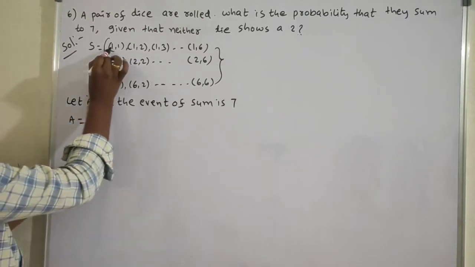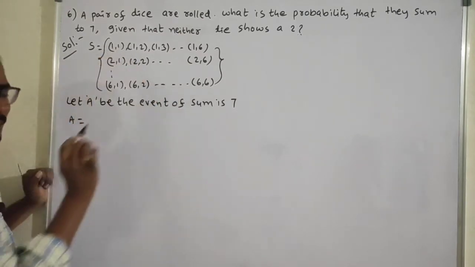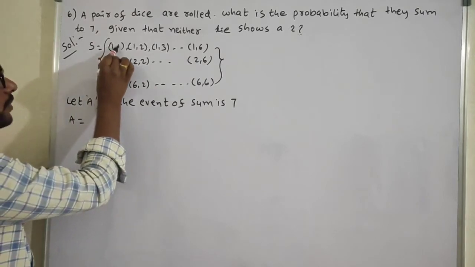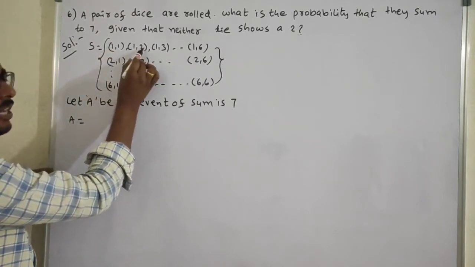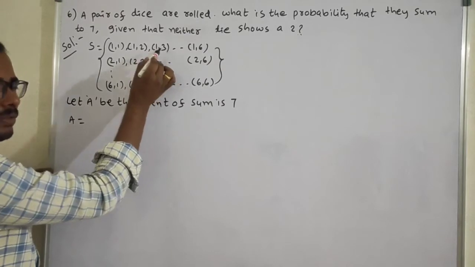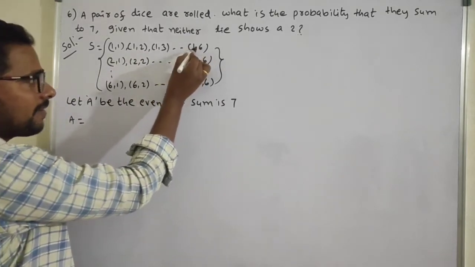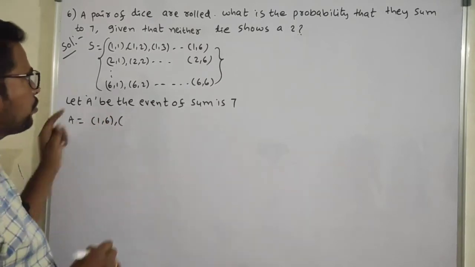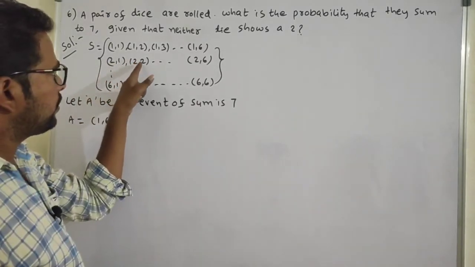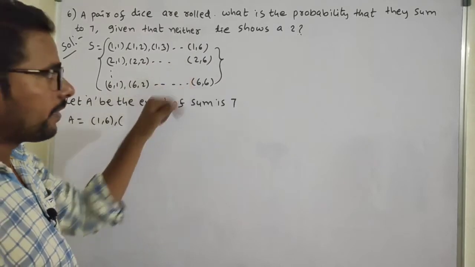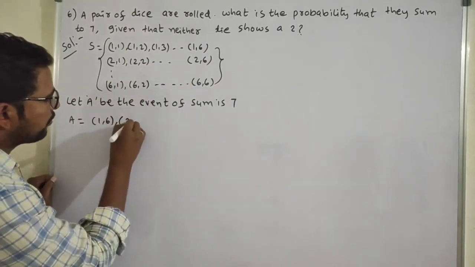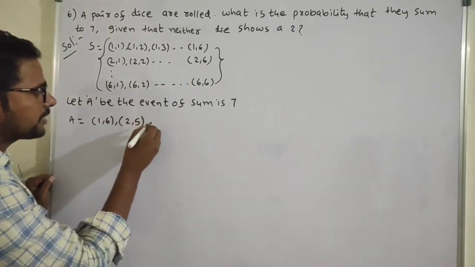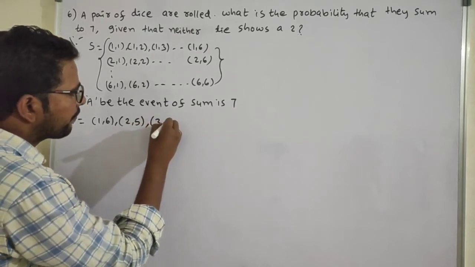The first die number plus the second die number should equal 7. So 1 plus 1 is 2, not possible. 1 plus 2 is 3, not possible. 1 plus 3 is 4, not possible. 1 plus 6 is 7, so take (1,6). Next, from 2: 2 plus 5 equals 7. From 3: 3 plus 4.